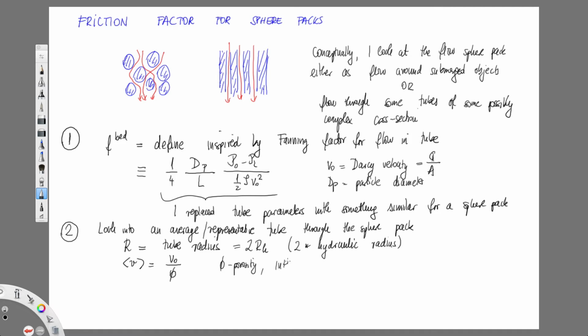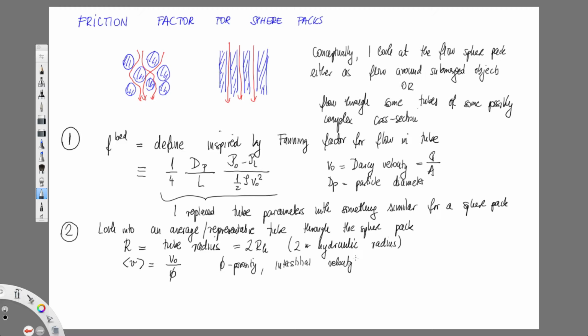So this is interstitial. And it makes sense, right? If I'm measuring Darcy, I'm always dividing by the area of the entire sphere packing, regardless of what the porosity is in there. So if I'm going through some tubes inside that packing, I've got to go faster. So I will get a faster interstitial velocity when I divide by phi.